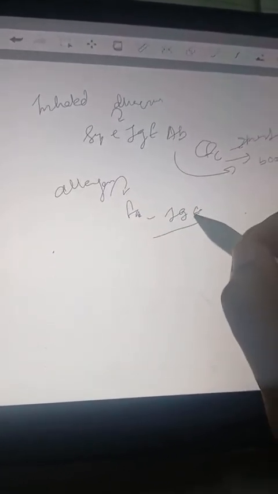This Fc region attaches to either mast cells or blood basophils. Then the allergen attaches to the Fab region of the IgE antibody, so the antigen of the allergen is attached to the Fab region of the IgE antibody, and the IgE antibody is attached to the Fc region of the blood basophil or mast cells. The reaction will produce degranulation of mast cells with the release of several chemical mediators.